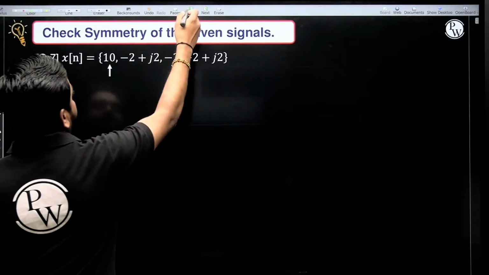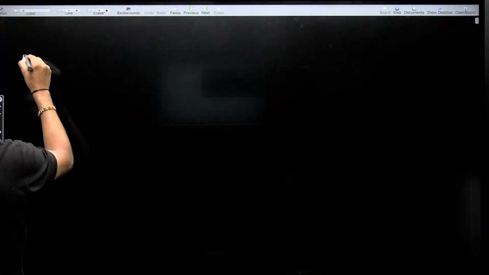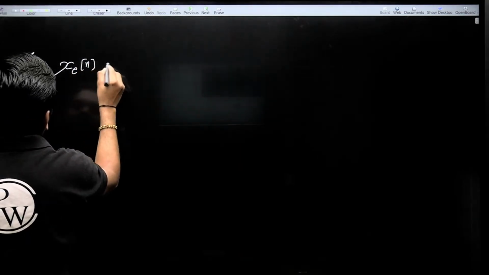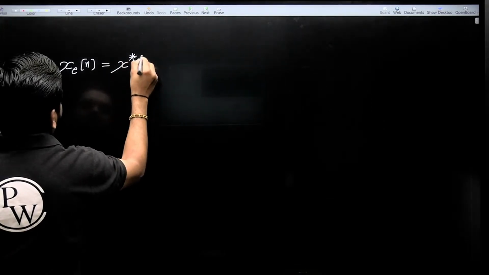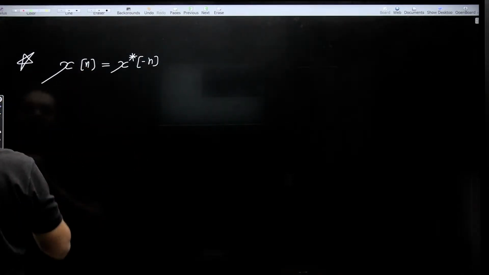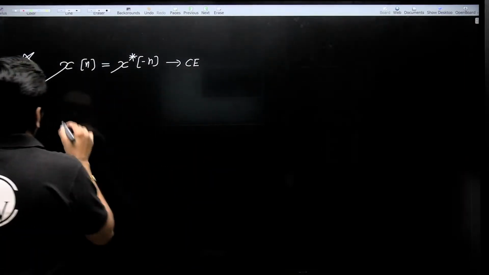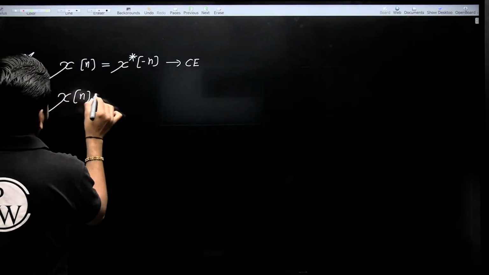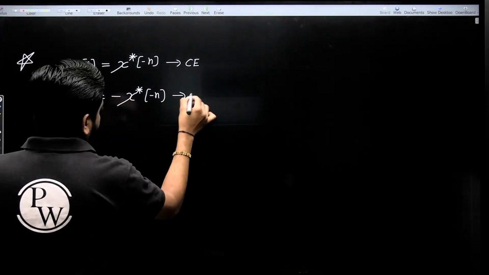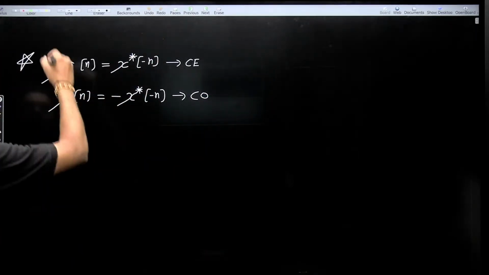Already I told you guys. If it is a complex valued signal, x of n equal to x conjugate of minus n, it is conjugate even, same as continuous time. And x of n equal to minus x conjugate of minus n is known as a conjugate odd signal. Clear?